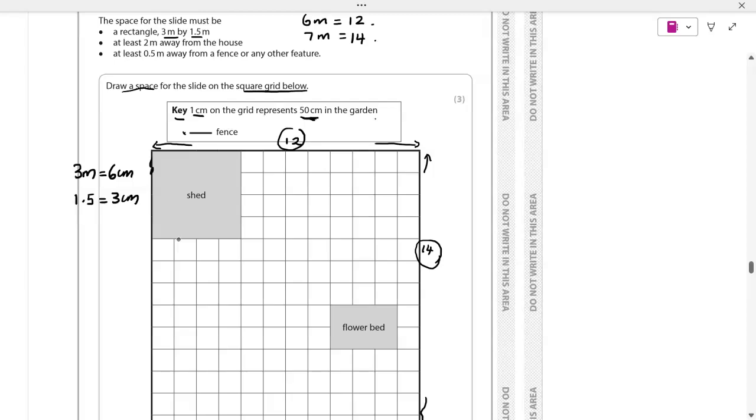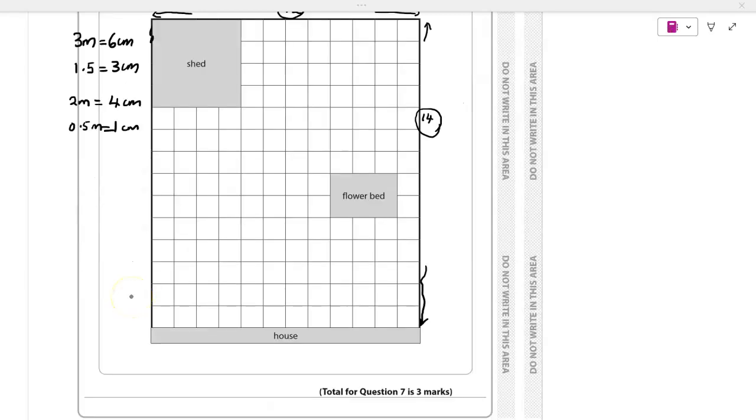Now it says at least 2 meters away from the house. So 2 meters will be 4 centimeters on the grid. Finally, at least 0.5 meters away from a fence. So 0.5 meters will be 1 centimeter on the grid.